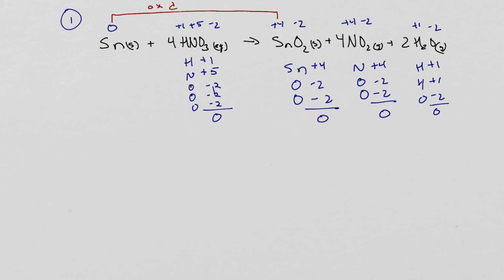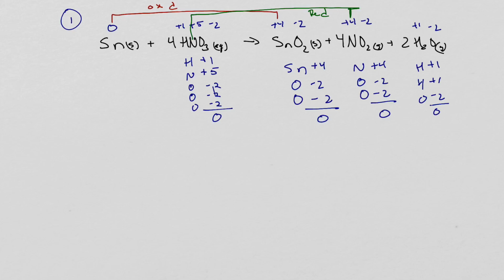And we look at what else changes. Well, hydrogen, it's +1 on both sides. Oxygen, always -2 on both sides in this case. So that leaves us with nitrogen. And so nitrogen goes from +5 on this side to +4 on this side.